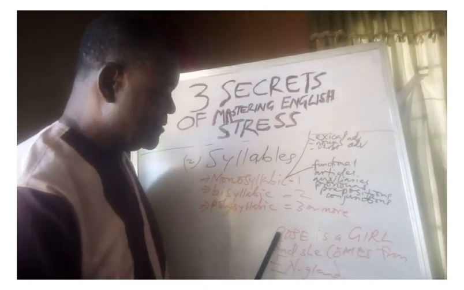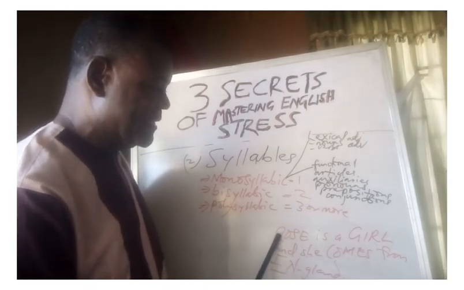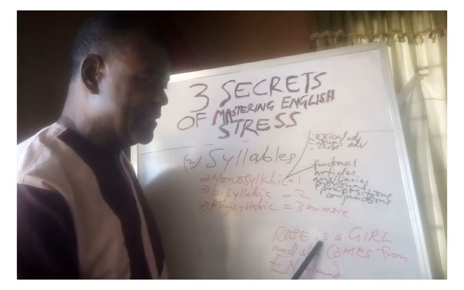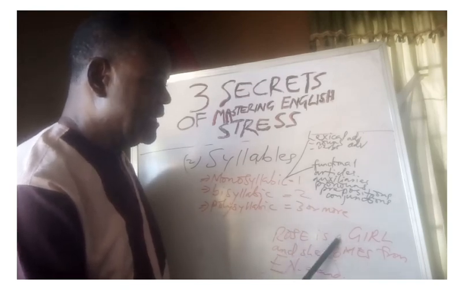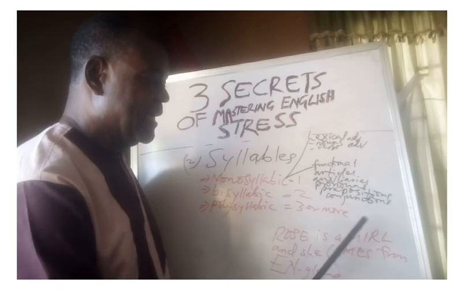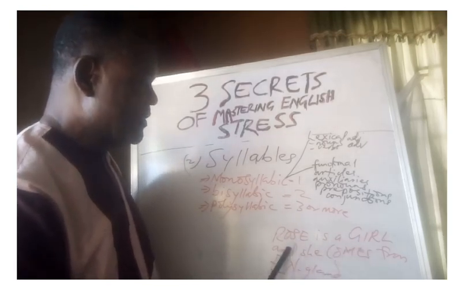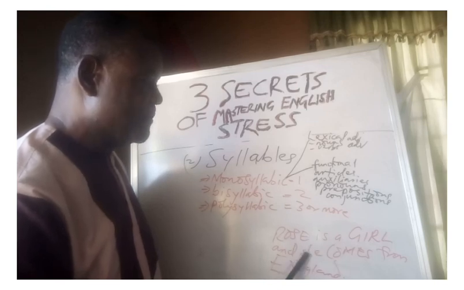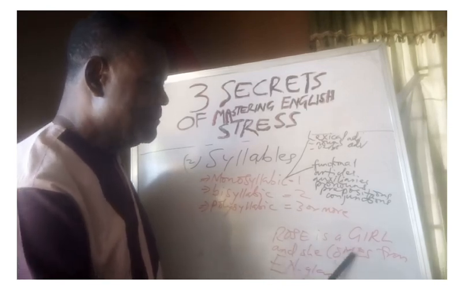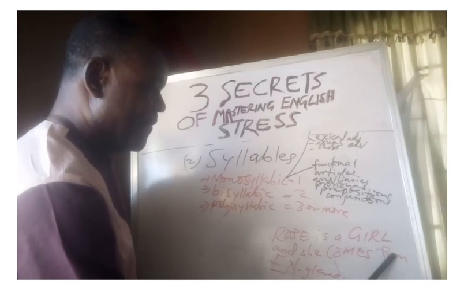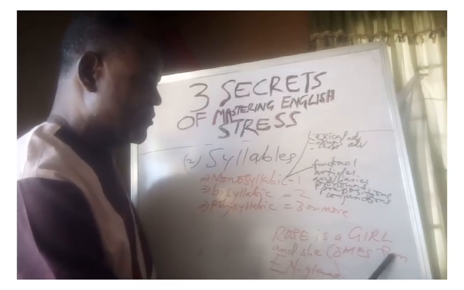Rose is a noun, so it's stressed in our English speech. Is an auxiliary, is not stressed. A is an article, is not stressed. Girl is a noun, is stressed. And is a conjunction, is not stressed. She is a pronoun, is not stressed. Comes is a verb, is stressed. From is a conjunction, is not stressed.